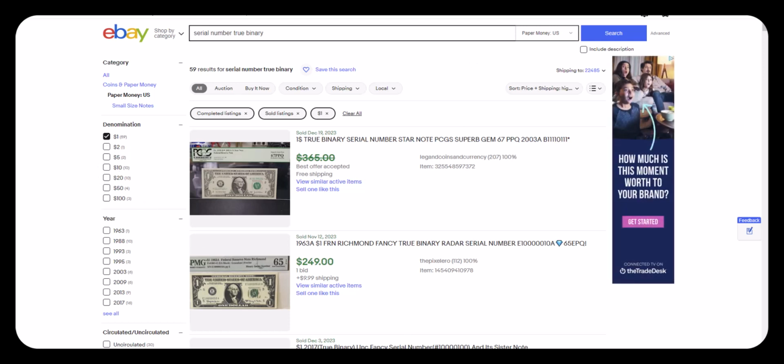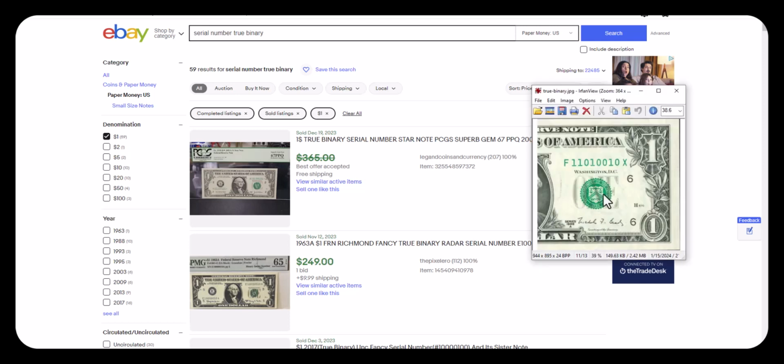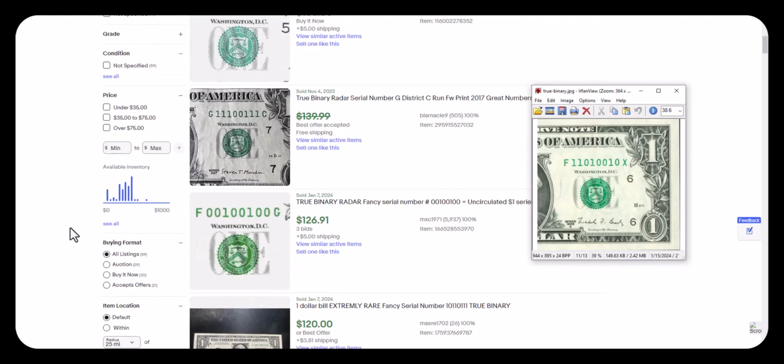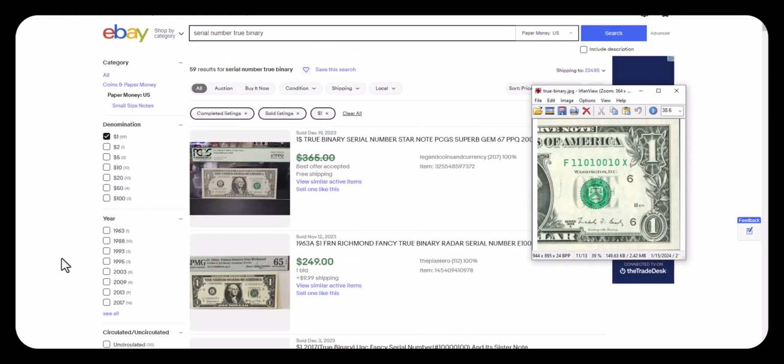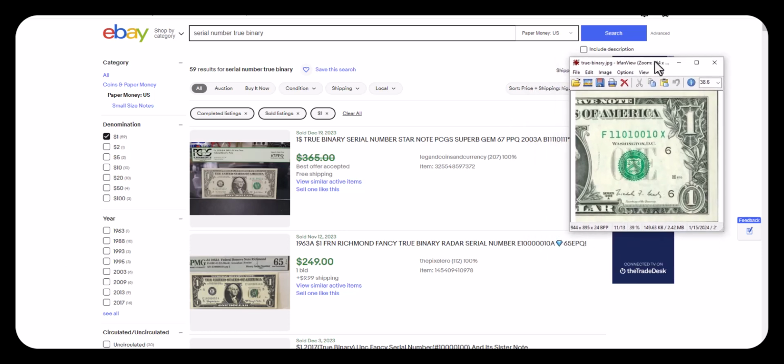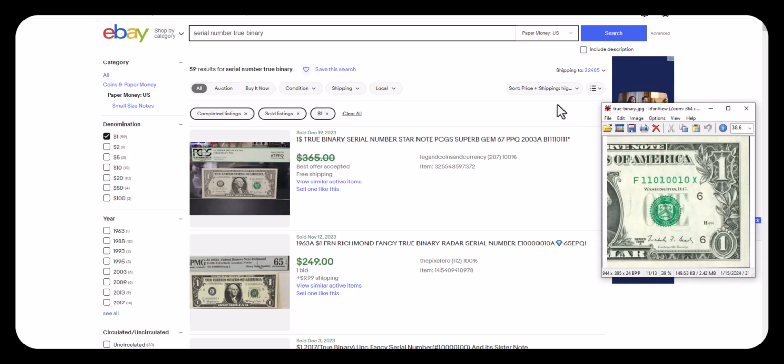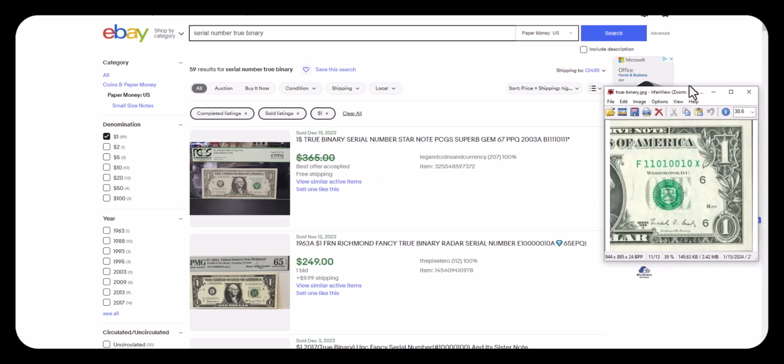This particular bill is a $1 bill, so I limited the denominations to $1, and I also looked only at sold items, because sold items will indicate what something actually sold for rather than what somebody wants to sell it for. So it's a better indication of the price. And I started by sorting the price plus shipping highest first, so we could see the most expensive ones down to the least expensive ones, and we'll take a look-see here.